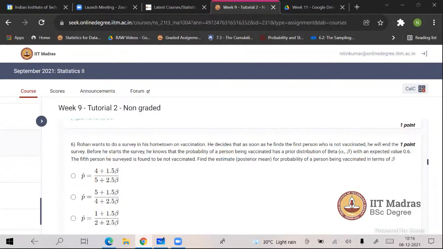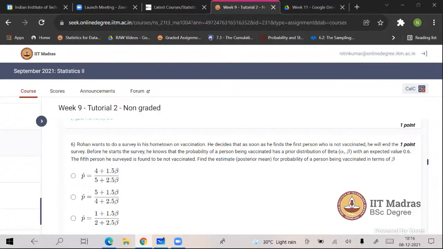And in the one sample, he found that the fifth person is the one who didn't get vaccinated. Okay, so this is your one sample. He took only one sample in this case. So how do you get that? That is where my conflict lies. How did you get the sample of 5, n equals 5? Because to have a sample you have to stop, right? But he starts the survey and he will not stop until he finds someone who is vaccinated. So if he does not stop, where does the sample count come from?